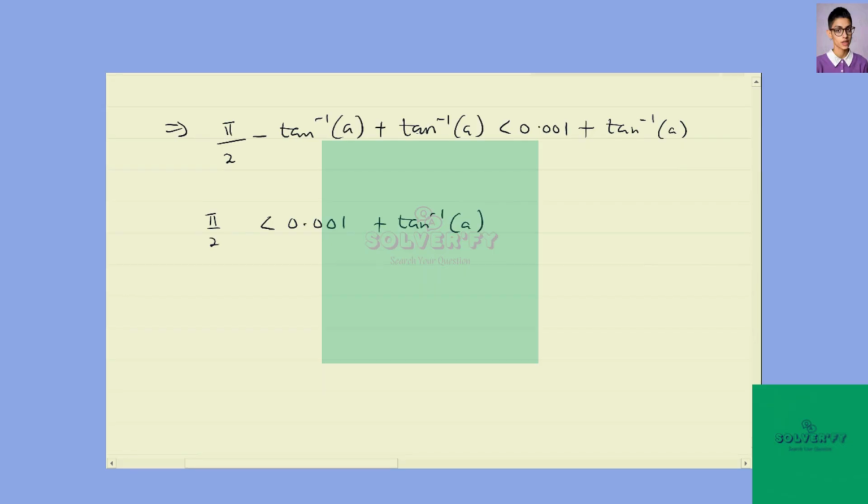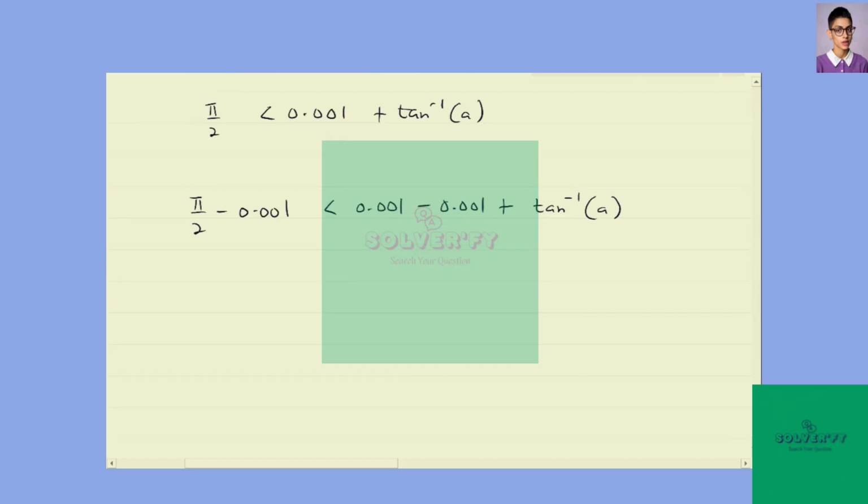The next thing we do is subtract 0.001 from both sides. So that we have pi on 2 minus 0.001 is less than arctan of a.